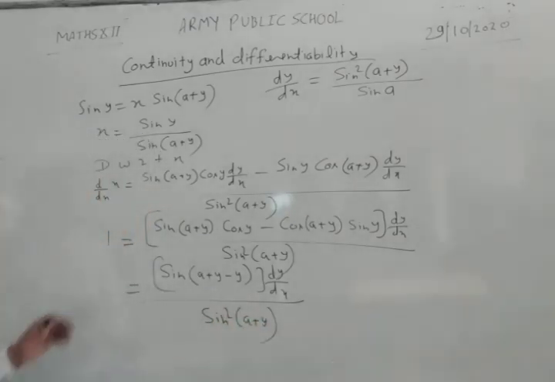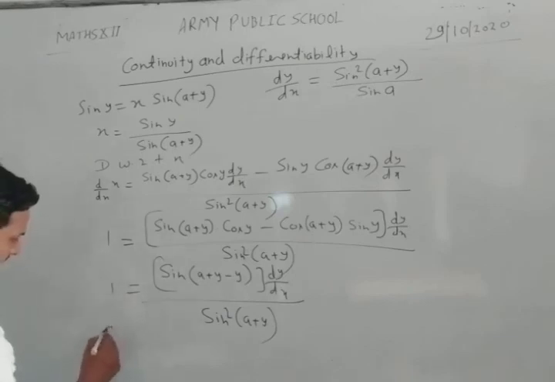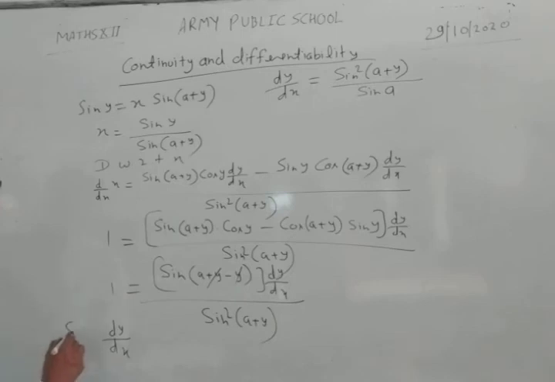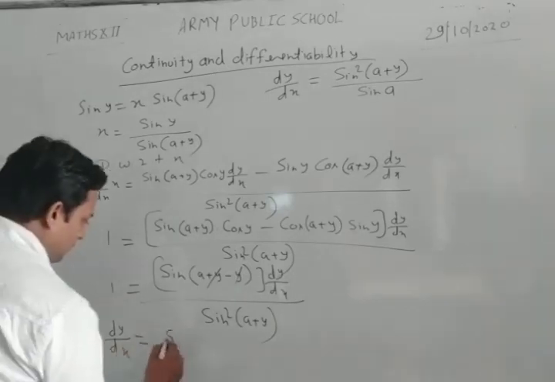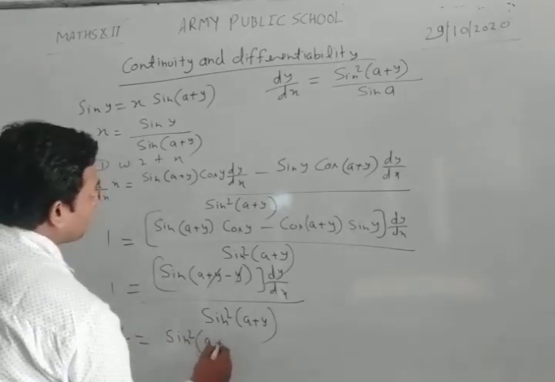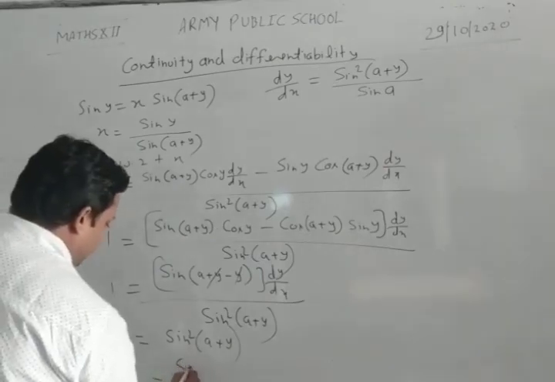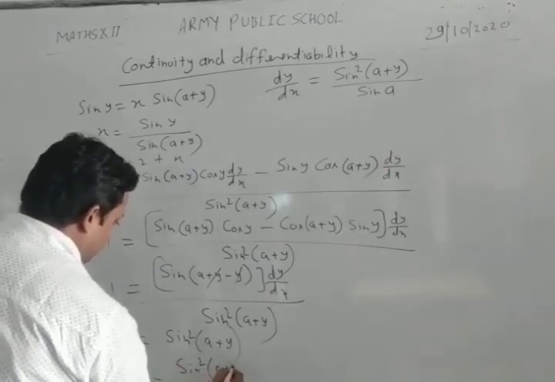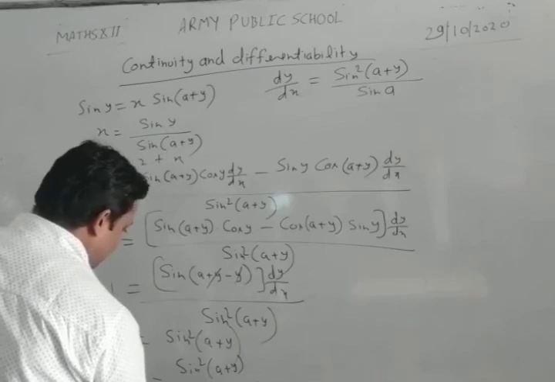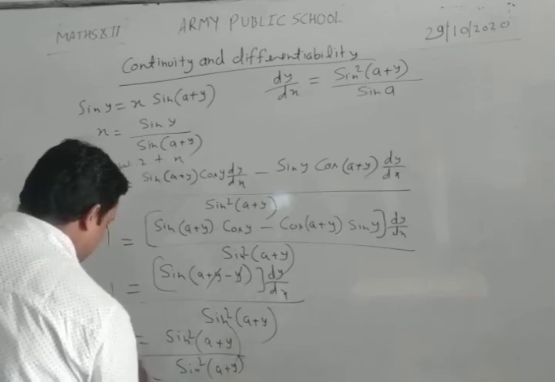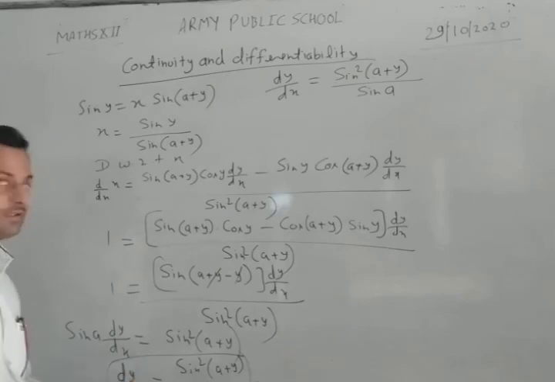So send this to the right hand side, so we get this will be cancelled, and dy by dx sin a is equal to sin square(a plus y), and dy by dx will be sin square(a plus y) divided by sin a. In this way we can do this.